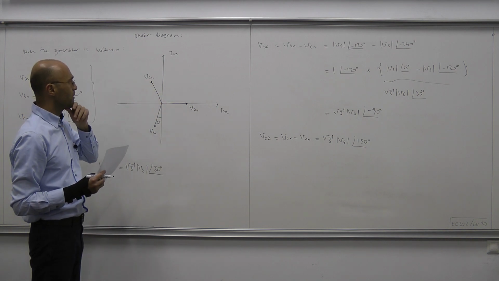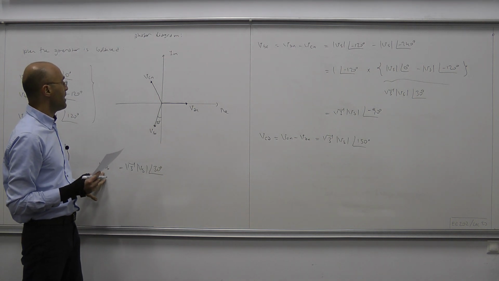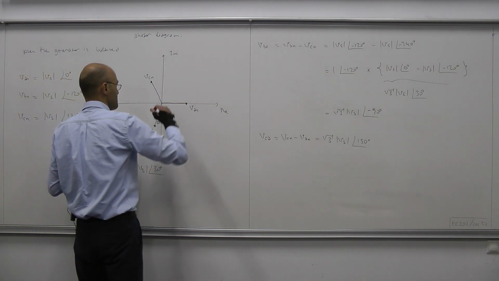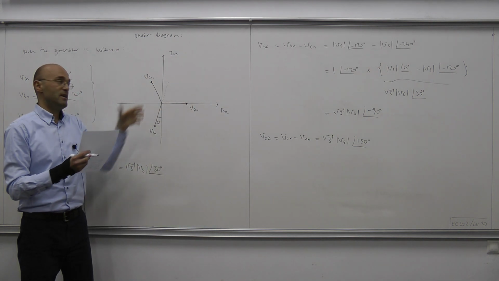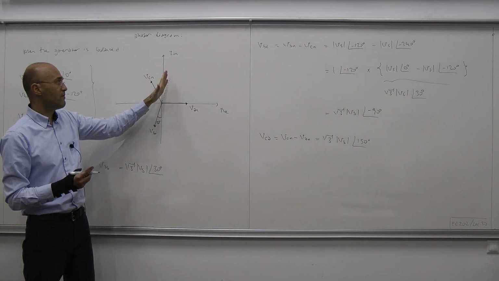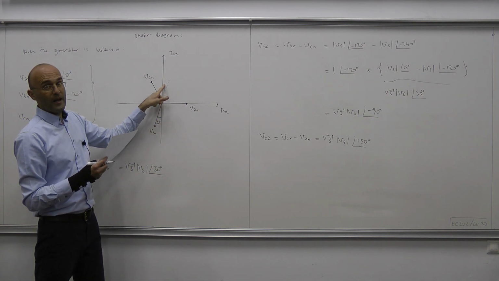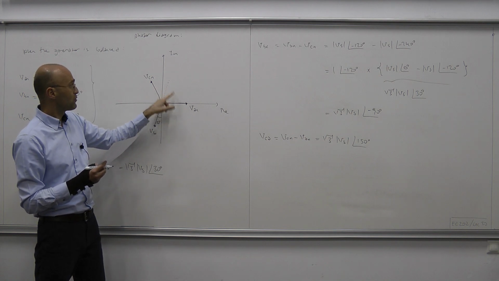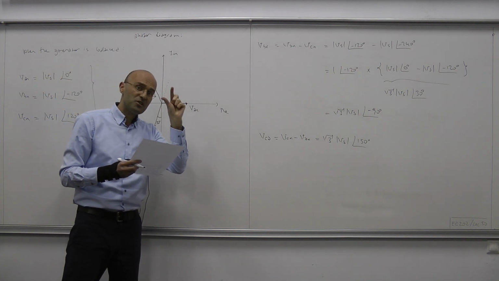Now, from this triple, we obtained the line-to-line voltages. VAB, by definition, is VAN minus VBN, or VAN plus minus VBN, which would be this vector here. And then this is 30, this is also 30, therefore that makes this angle 60 degrees. So we have two vectors of equal magnitudes, and the separation between them is 60 degrees.